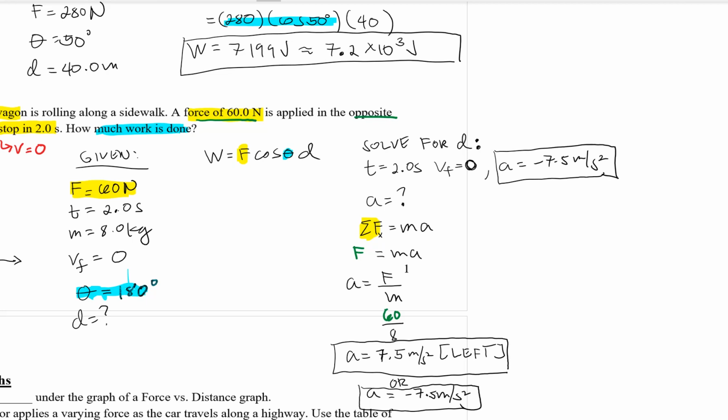So you have the time, you have the final velocity, and the acceleration, and I'm finding for d. So my question mark is d.